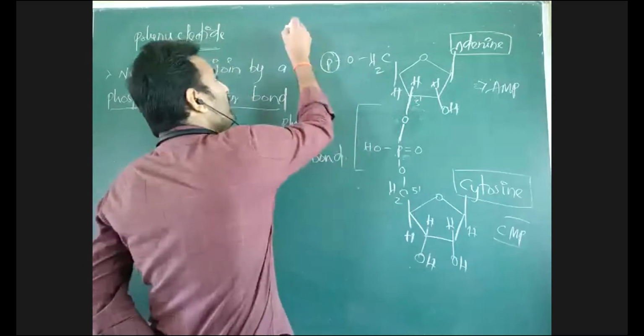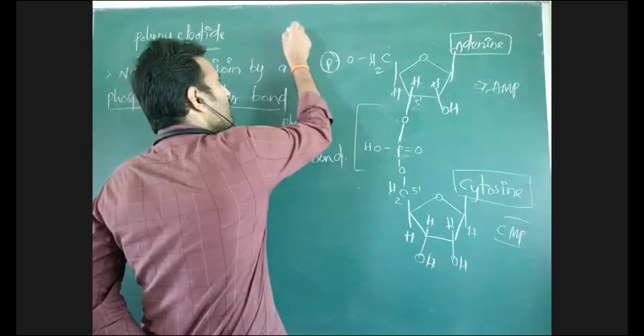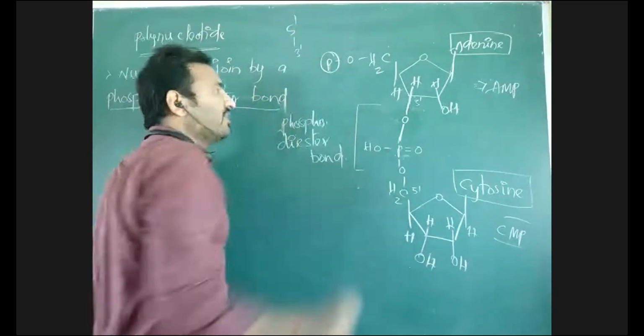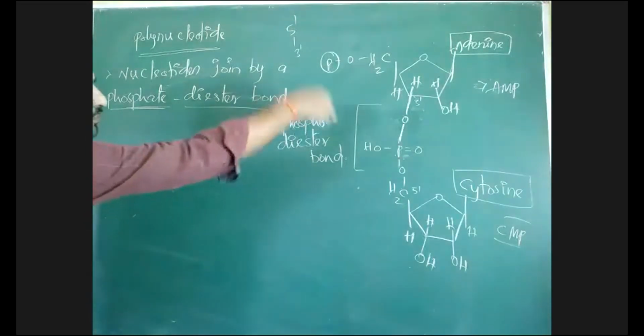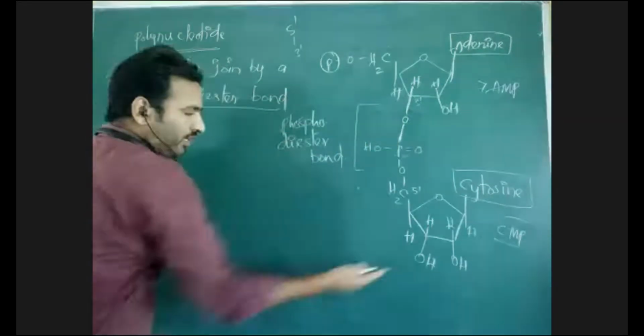Actually, in DNA structure or RNA structure, we know 5 prime and 3 prime ends, right? What are those 5 prime and 3 prime ends? Normally, if phosphodiester bonds are formed, nucleotides are joined, right?